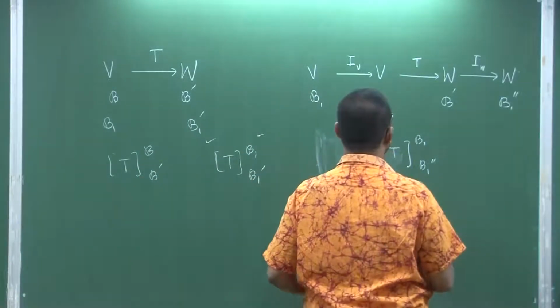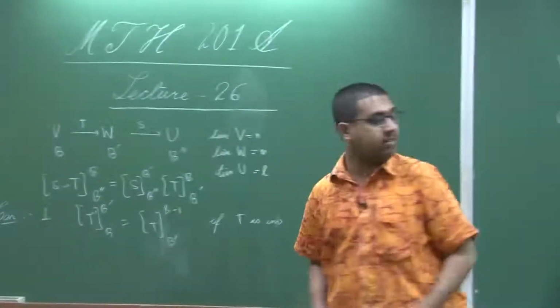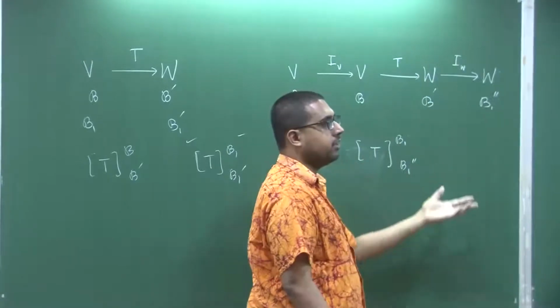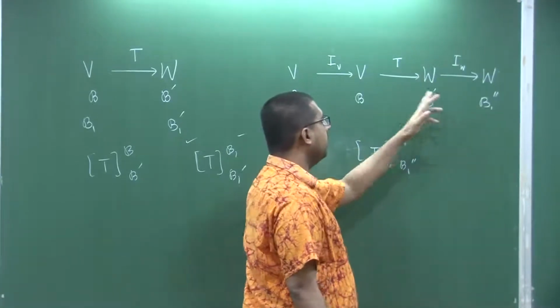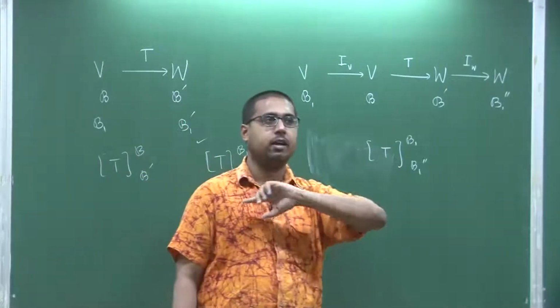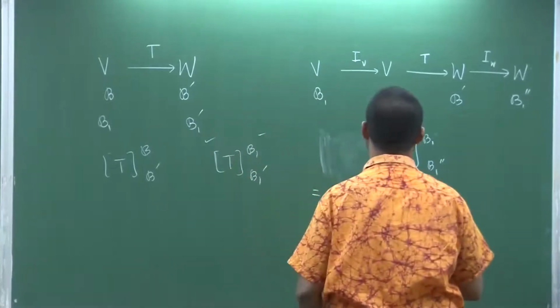Now, we know from this relation that the composition of linear maps has a matrix representation that becomes the multiplication of the corresponding matrices. So, let us do that.